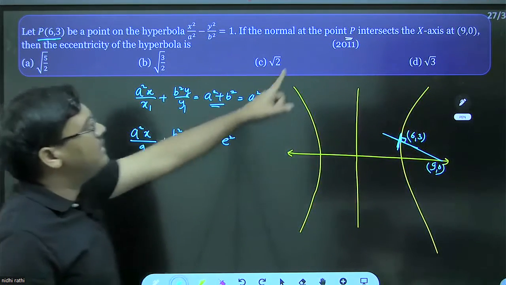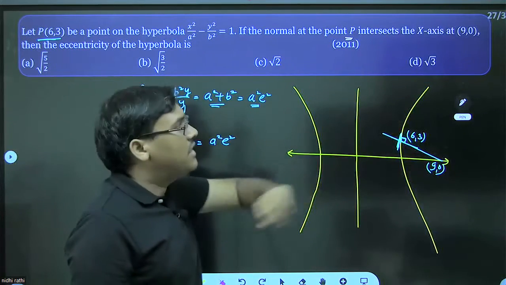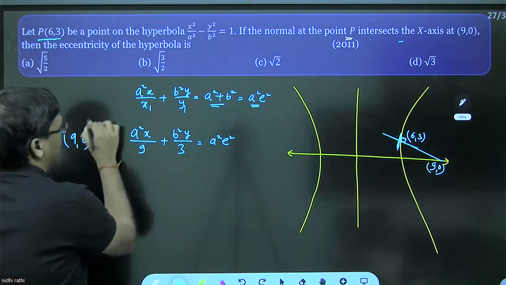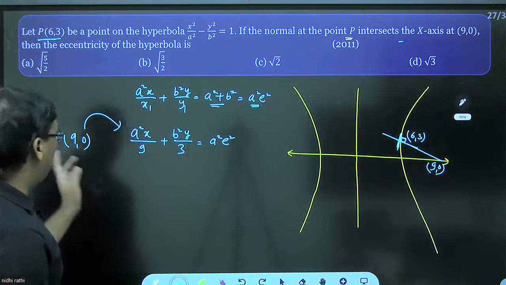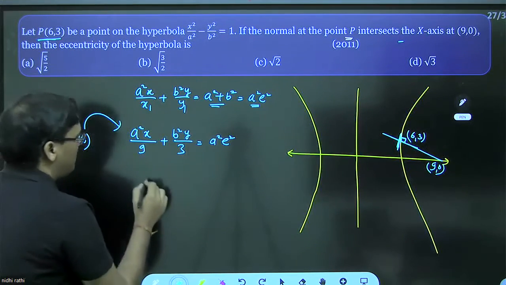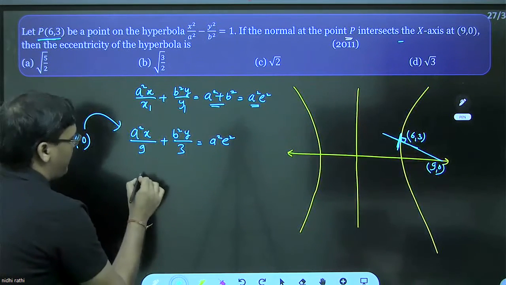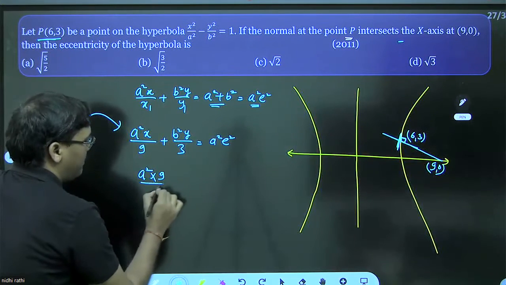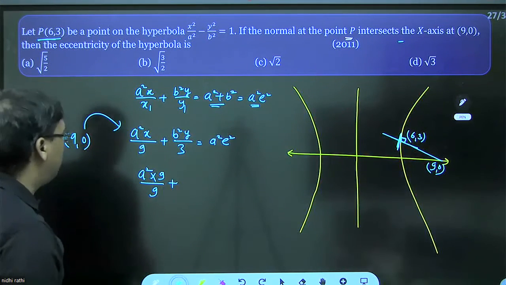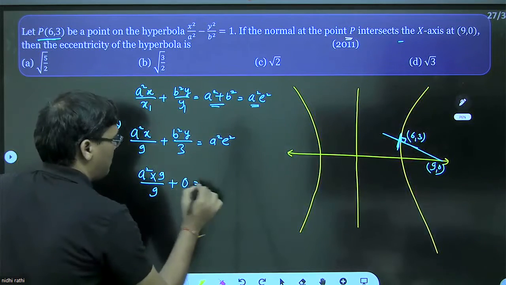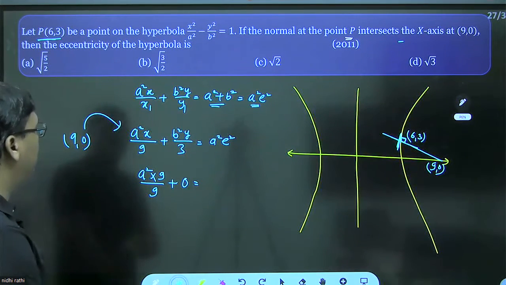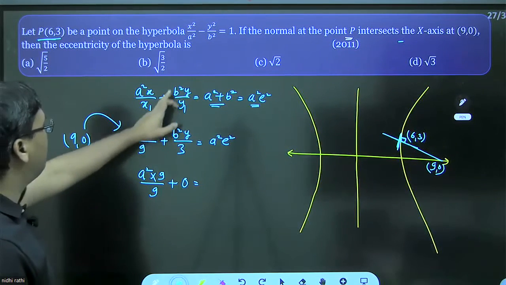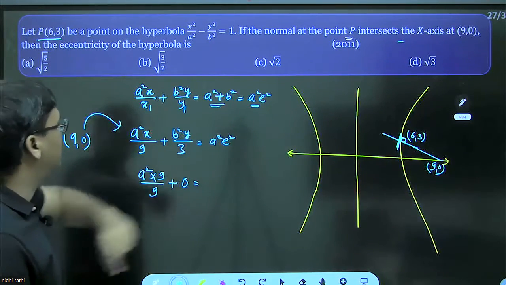Now this normal is intersecting the x-axis at (9, 0). So (9, 0) will satisfy this equation, correct? Wait, the equation is a square x upon x1 plus b square y upon y1, equal to a square e square.